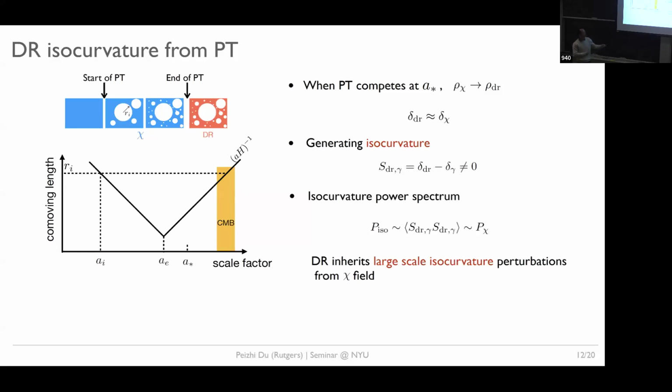So the power spectrum of the Chi field is directly linked to the isocurvature power spectrum in the dark radiation. To summarize, the dark radiation from this type of phase transition inherits these large scale perturbations from the big bubbles generated during inflation. And we will see how those perturbations imprint on the CMB and how to get constraints from that.